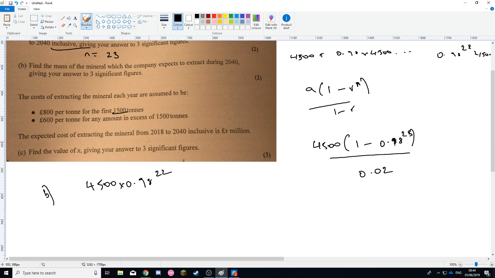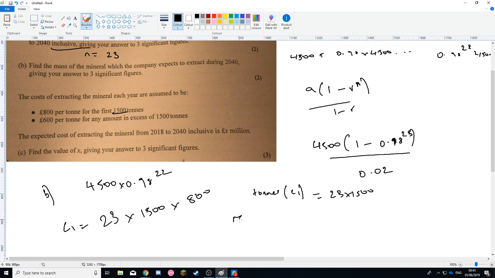So for the total 23 years, we have 1500 tons each being charged at 800. So that's an initial cost already. So cost one, you could say, is equal to this. Now, the tons cost one represents is just equal to 23 times 1500.